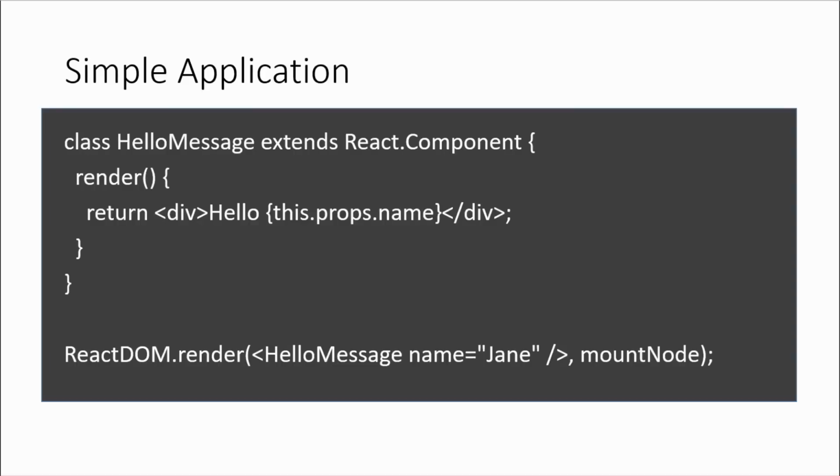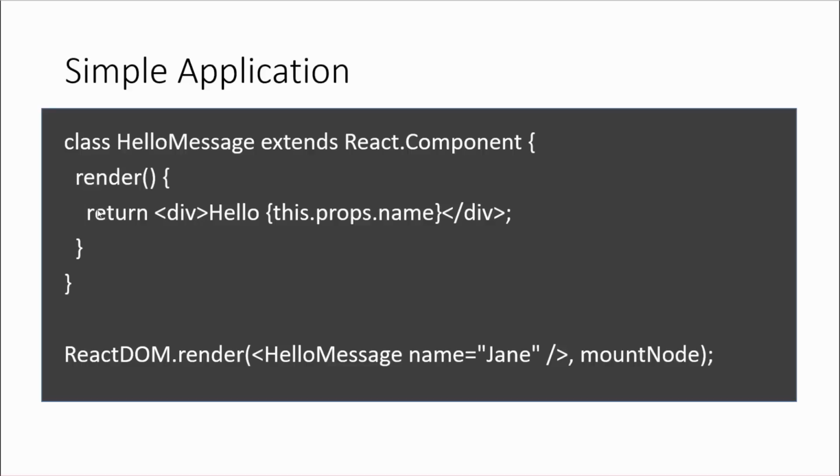Let's take a look at an extremely simple component called Hello Message. You can see that we have a class called Hello Message that extends React component. Inside here we have a method called render, which is the only function that's actually required in a component.